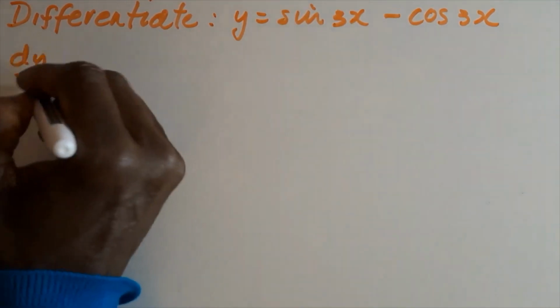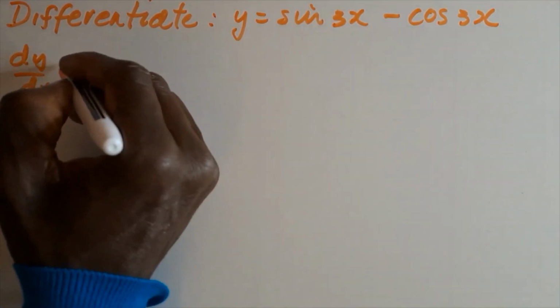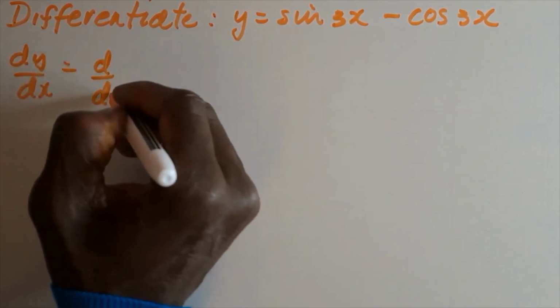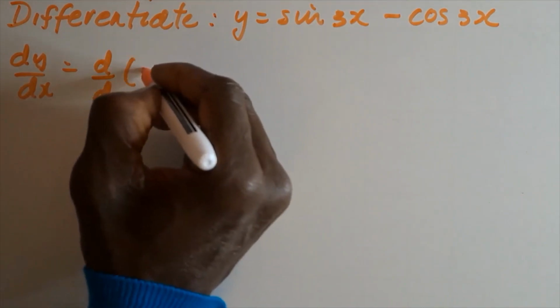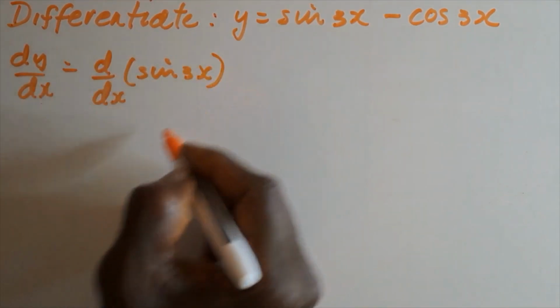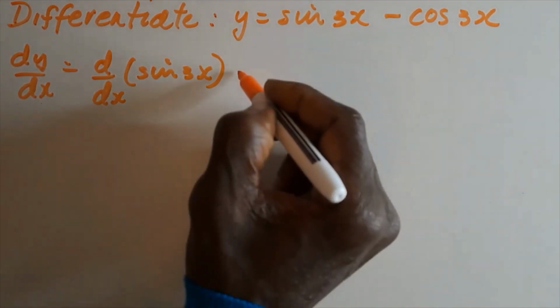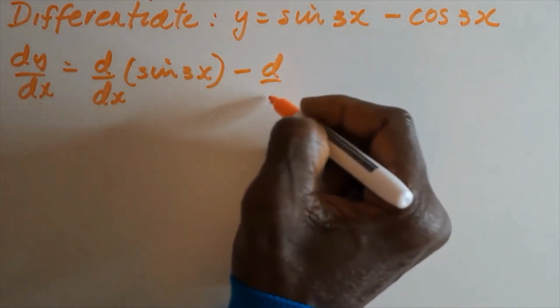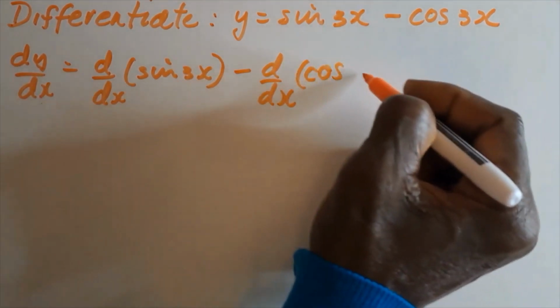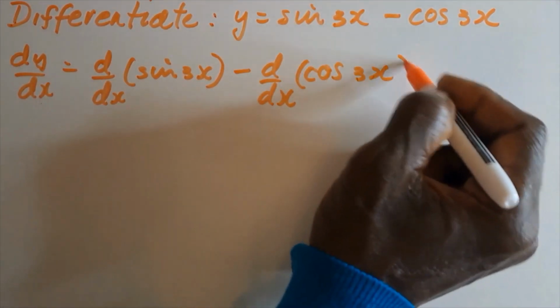which we can factorize as 2 into cos 2x minus 2 sine 2x. Our dy dx here will be our operator d dx of sine 3x minus d dx operated on cos 3x.